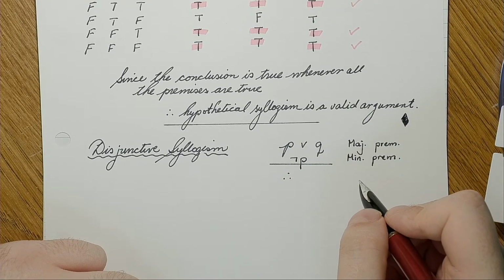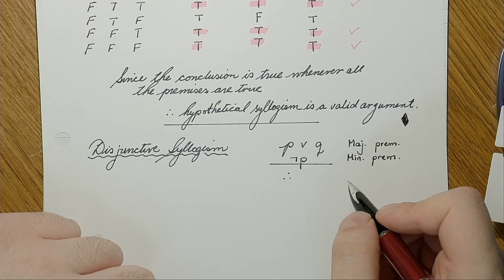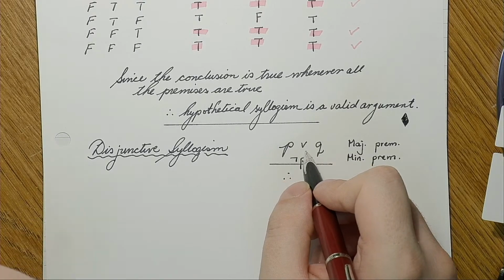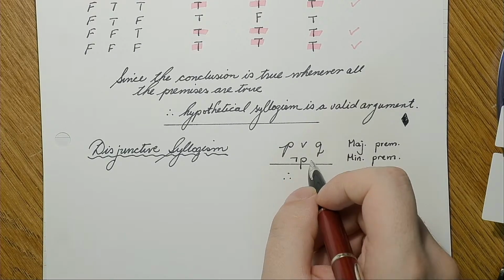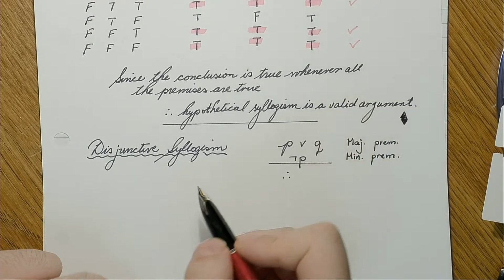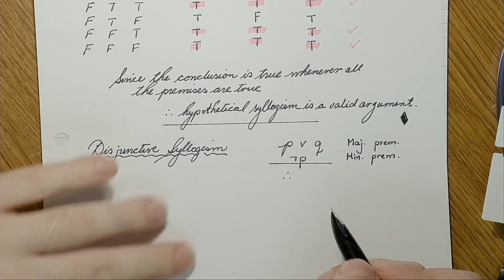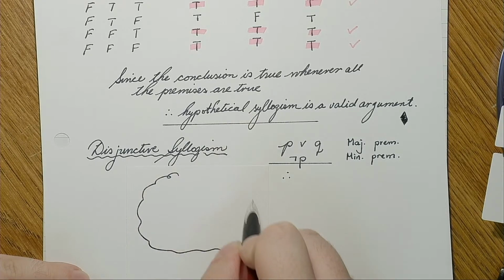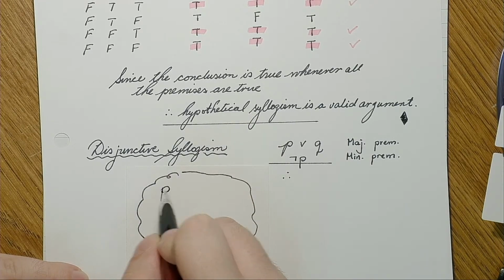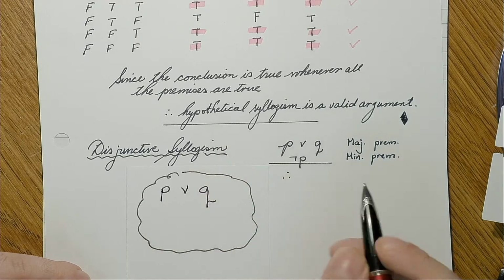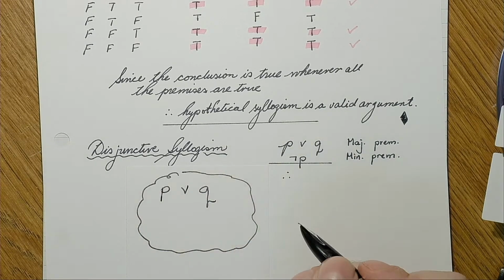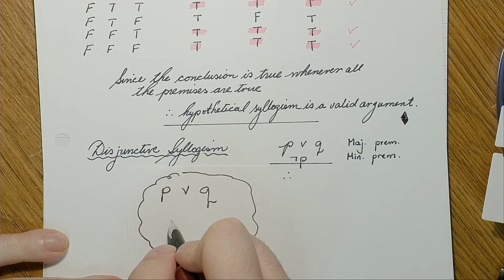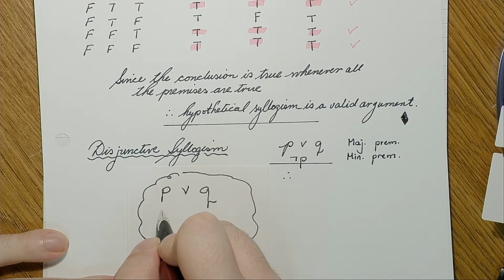Therefore, what can we conclude? Well, we assume that this has to be true, so it's either P or Q. We're told it's not P, so if we're thinking over here, kind of our thought bubble here, we have P or Q, and we were told that it's not P. So this has to be false.